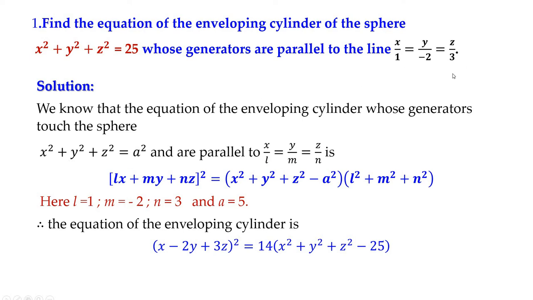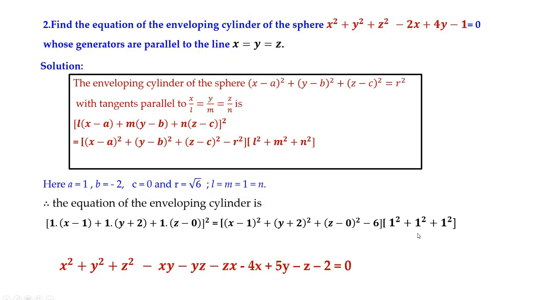LMN here is 1, minus 2, 3. So 1, minus 2, 3, and this A we have as 5. A square is 25, so A is 5. So now substituting the values of LMN and A in this equation, we get the equation of the enveloping cylinder.